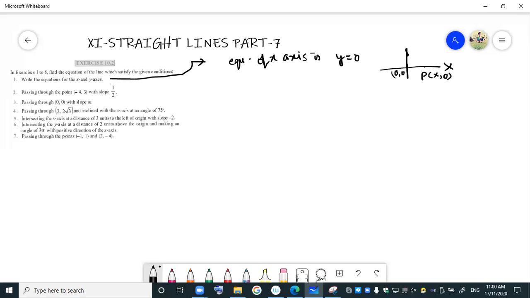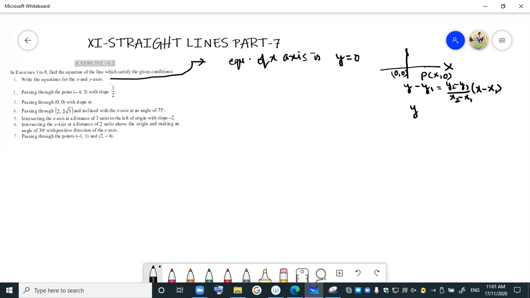So you can use the formula for the equation of a line passing through two points: y minus y1 equals y2 minus y1 upon x2 minus x1, times x minus x1. So (x1, y1) is (0, 0), and (x2, y2) is (x, 0).